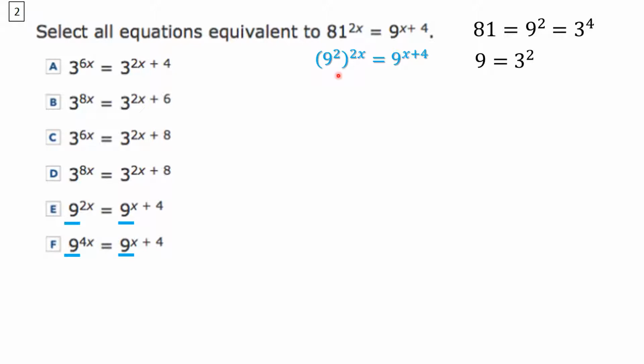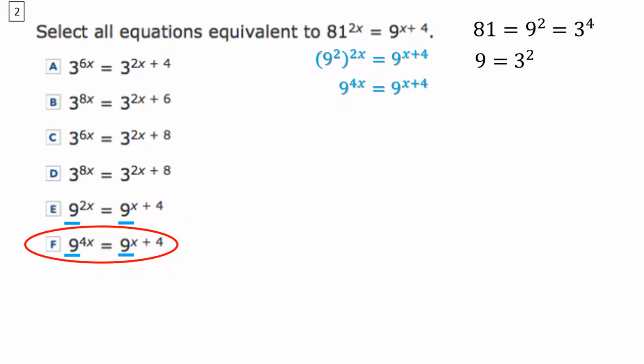And when we raise a power to a power, what do we do with the exponents? We multiply them. So it's 9 to the 4x equals 9 to the x plus 4, 2 times 2x. And that's one of our answers. That is F. Well, if F is an answer, E is almost the same thing, just that 2x versus the 4x. If F is our answer, E can't possibly be.